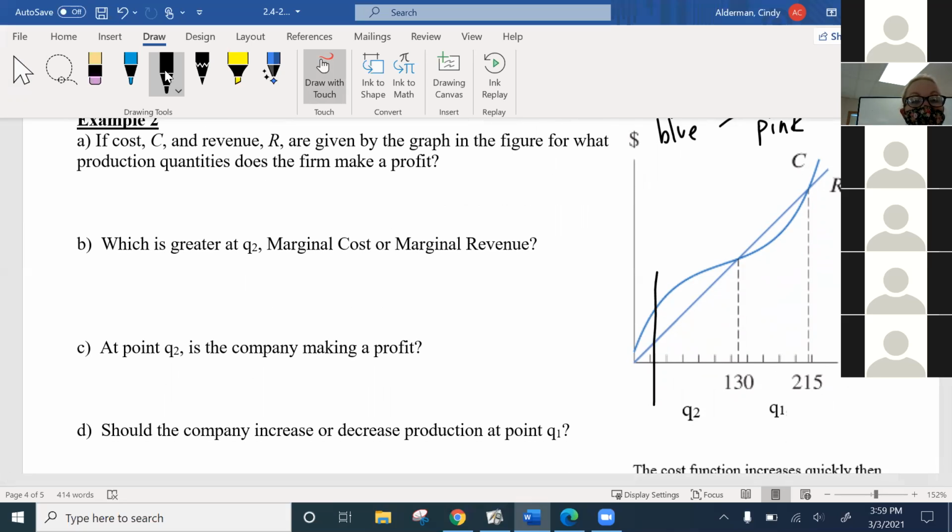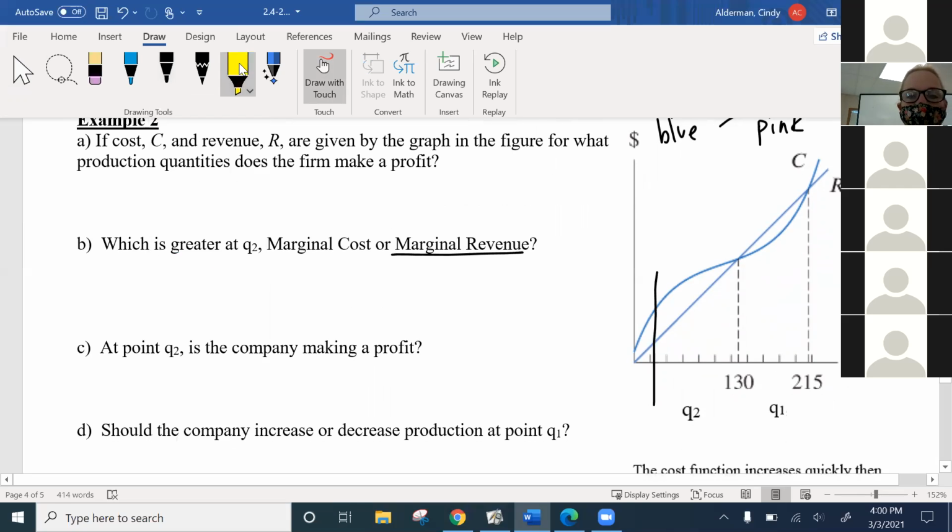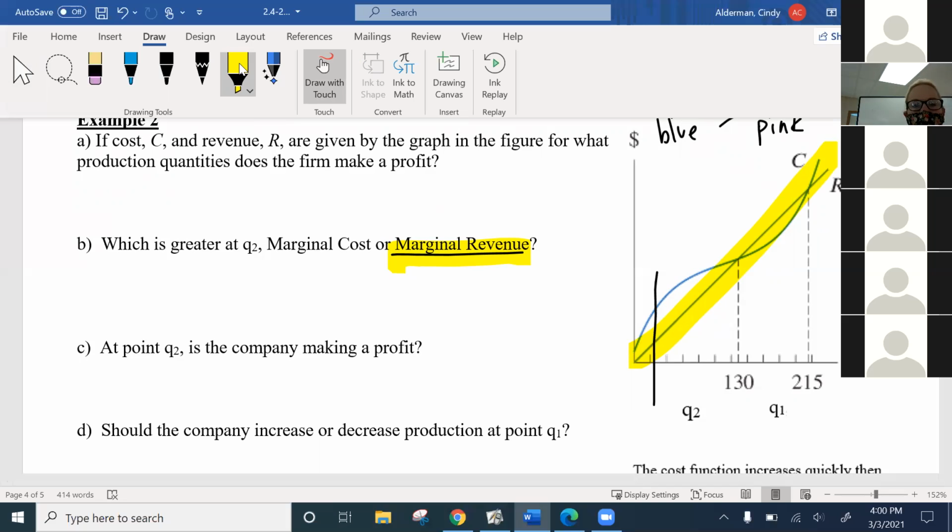It says, which is greater at quantity 2, marginal cost or marginal revenue? Well, marginal revenue is the line. Marginal cost is the kind of curvy thing, okay? So is it marginal cost or marginal revenue?